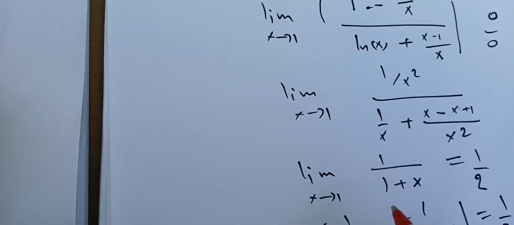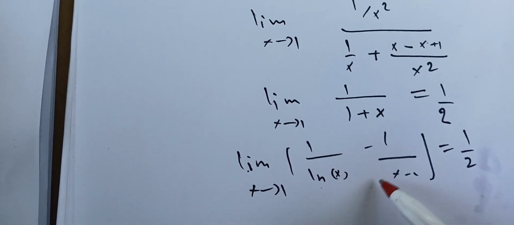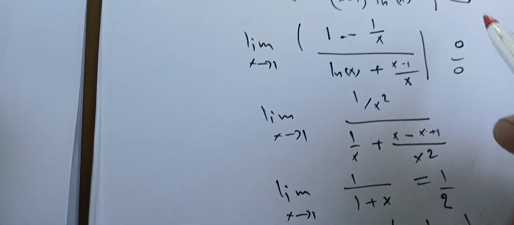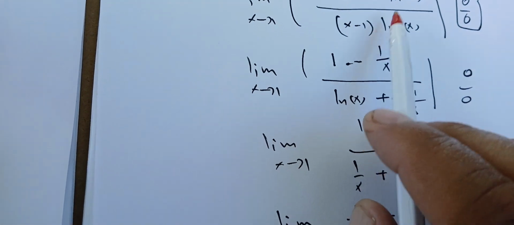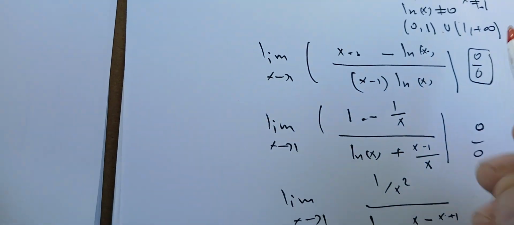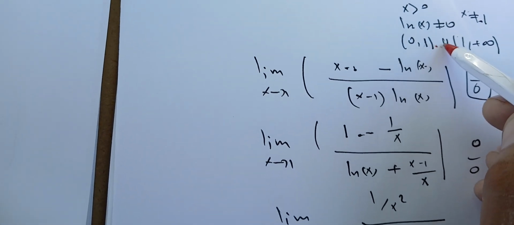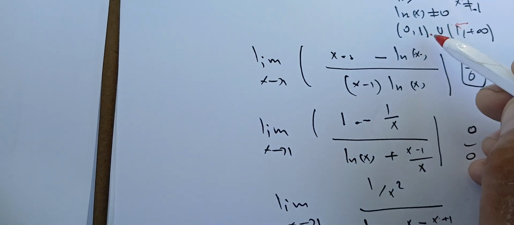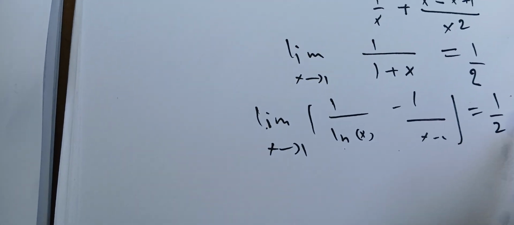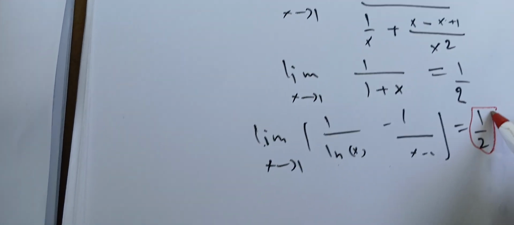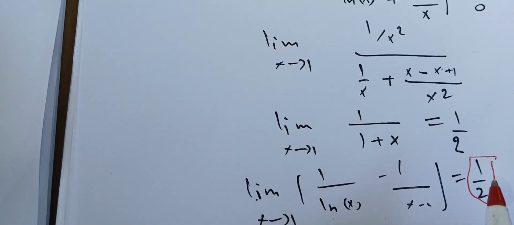So it doesn't matter if we approach from the right or from the left, the limit is going to be the same, because once we differentiate, it doesn't matter which side we come from. That's why we don't check here. You see the issue when we get to 1 from the right or from the left. It doesn't matter, therefore we have the same limit for both the left and right sides.